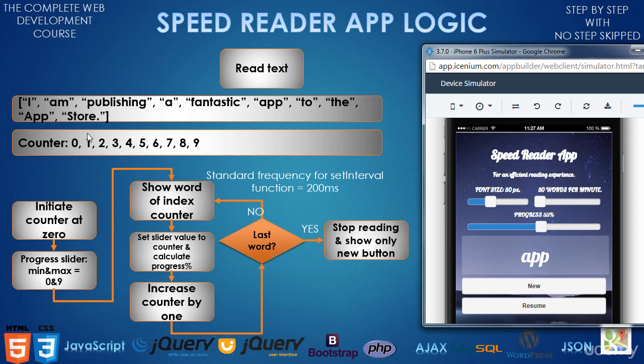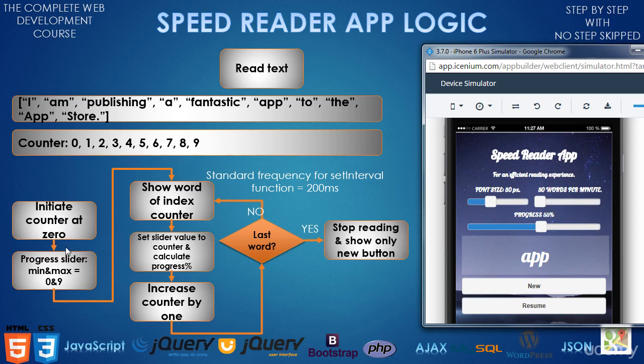So what we're going to do, we're going to create a counter, which is going to start at 0. And every time we show a word there, we're going to show the word of index counter. So for example, the first word is going to be the word of index 0, and that's going to be the value of our counter at the beginning when we initiate it. So we're going to initiate this counter at 0.